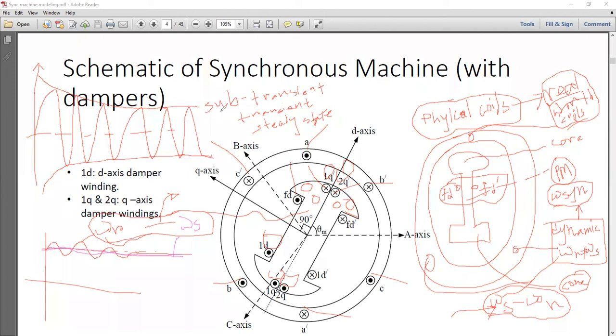At the very beginning, in the subtransient period, there is very high current. Why is the current very high at the very beginning? Because the associated reactance, we call it XD double dash, then here it is XD dash, and during the steady state that is XD. So you see the reactance is actually changing.